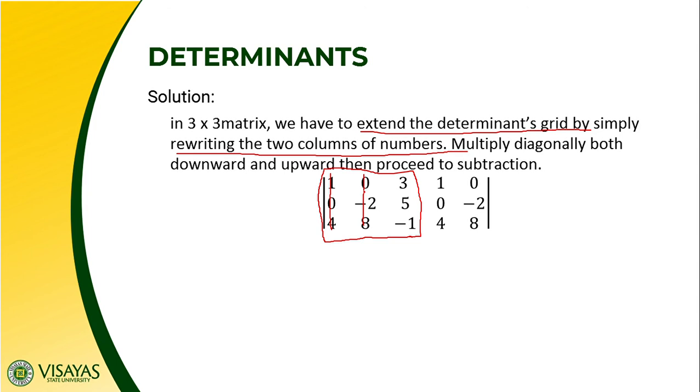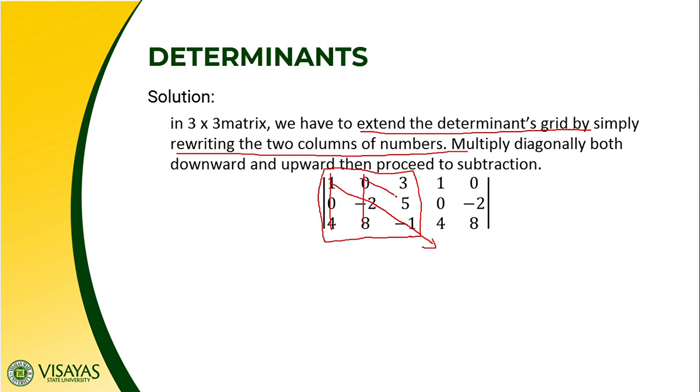And after doing that, you need to get the product of these diagonals. You have 1, negative 2, negative 1. So these are the elements in the downward diagonal.